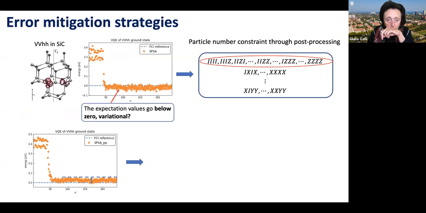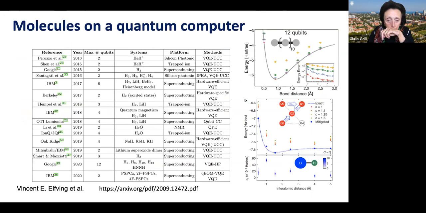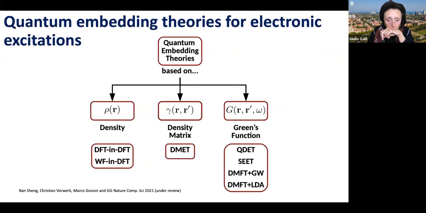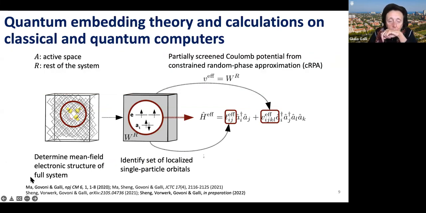So the way the quantum embedding theory is set up here, and the way based on the Green's functions formalism, I don't know how much.